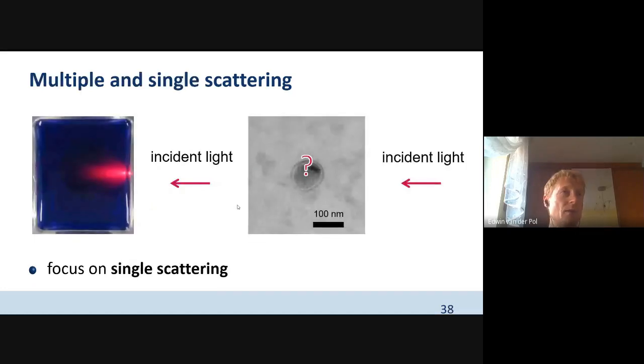With Dirk, you already talked about multiple scattering. Today, no multiple scattering, only the interaction between light and a single particle.